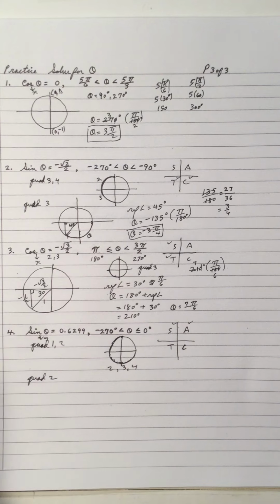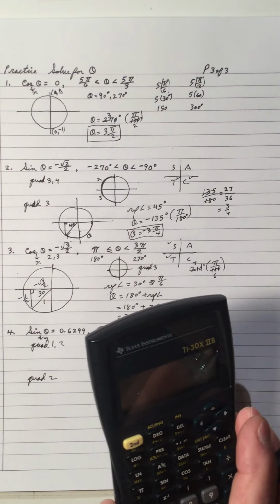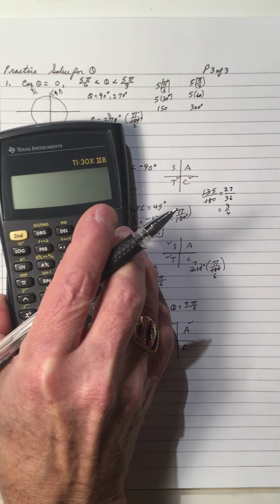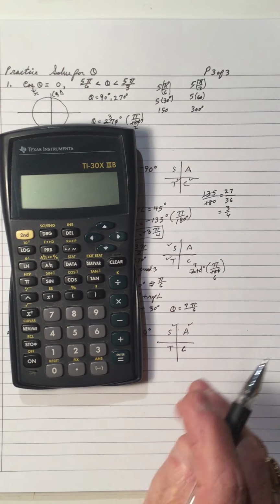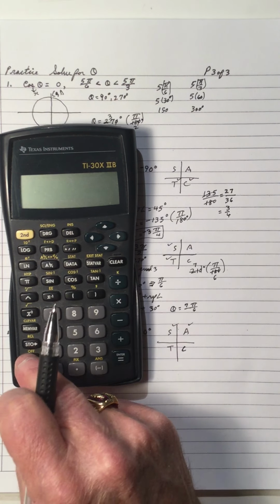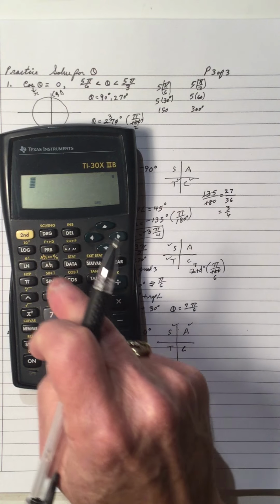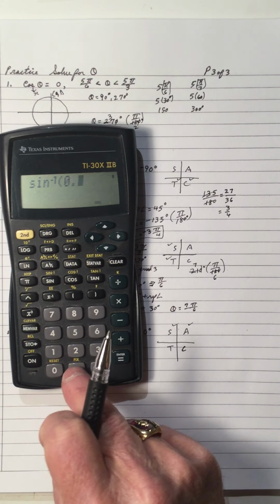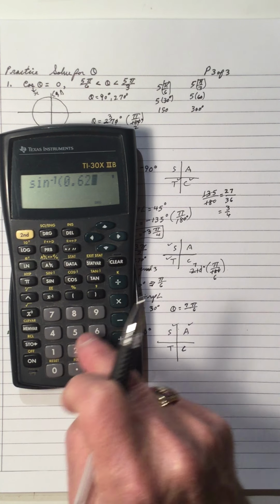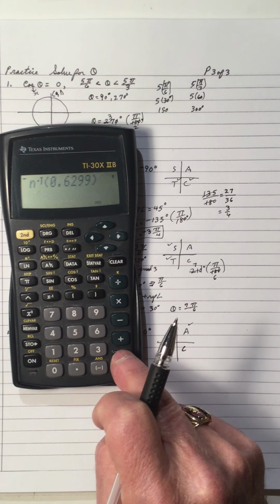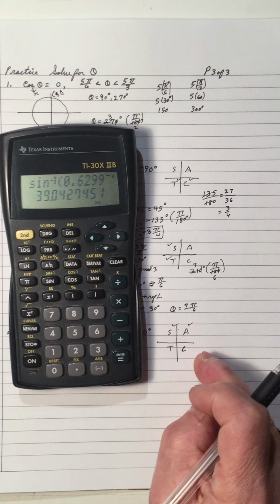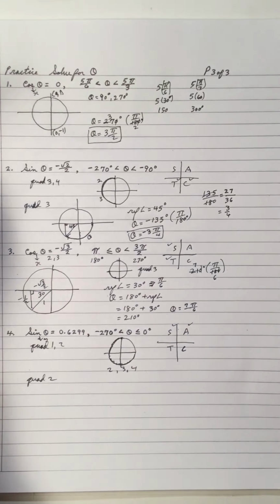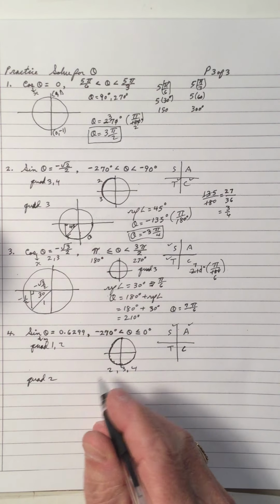So we take up our calculator and we go, here we go. We're looking for the angle. So I turn my calculator on and clear it. So I have to go inverse sine of 0.6299. And so the reference angle is 39 degrees.